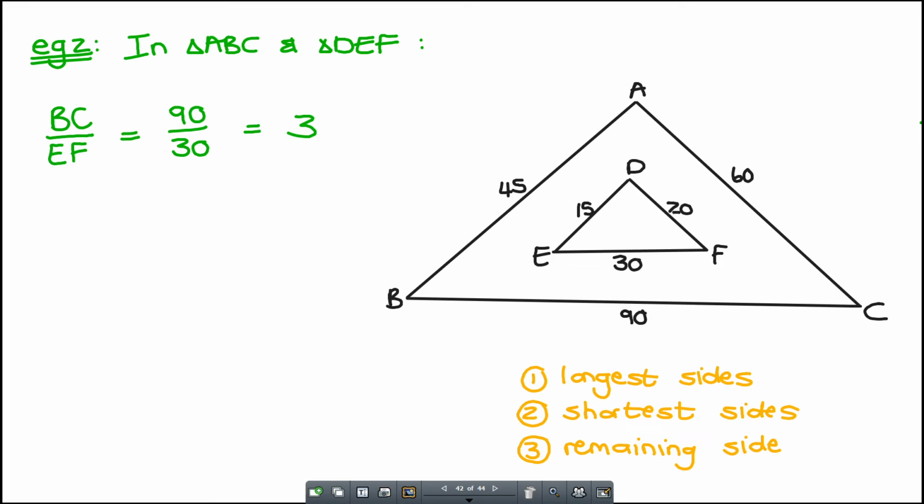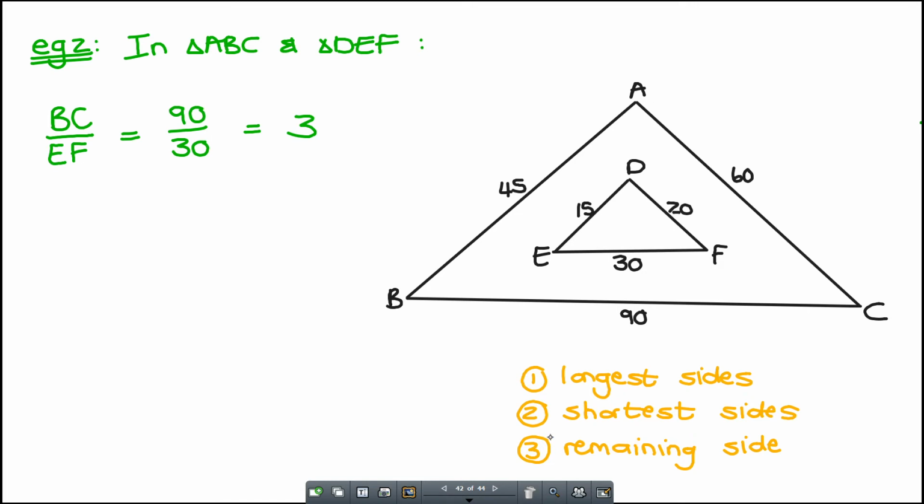Now, I put the biggest triangle at the top of my fraction and the small triangle at the bottom. You could have switched those around if you want to use small triangle over big triangle, but then you've got to do the same at the next 2 steps as well. So I'm going to stick to big triangle at the top, small triangle at the bottom.